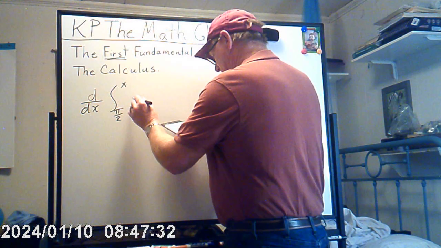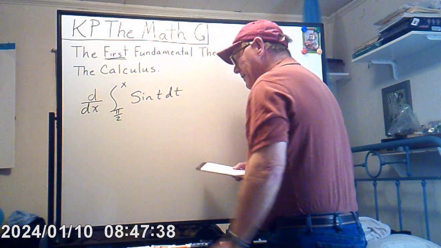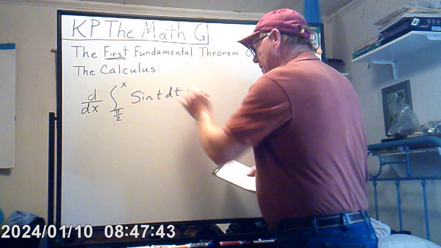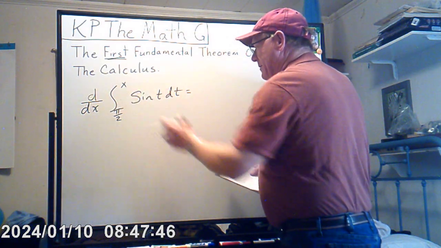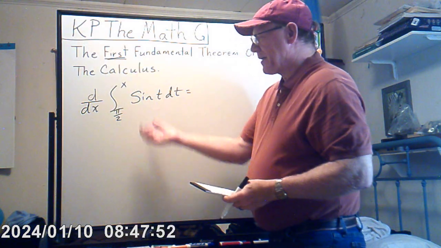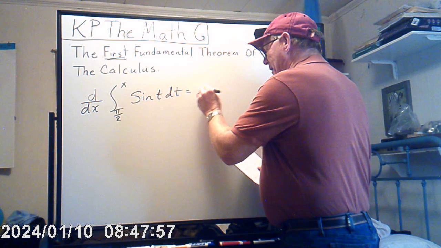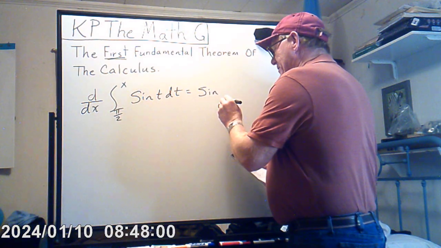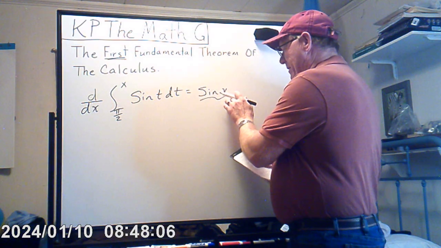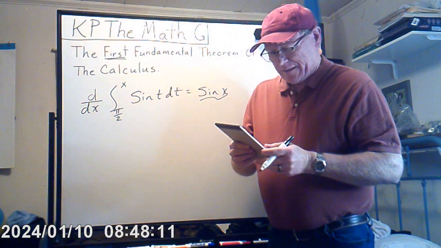But there's the x, and of course it's got to be a different letter here. All you're doing is plugging this in. Don't take the antiderivative and get negative cosine, because you'd have to take the derivative of that again. You come back to sine, and it just comes right back to where it was. So sine of x, and that's it. The derivative of x is 1, so just sine of x. That's a very simple one, isn't it?